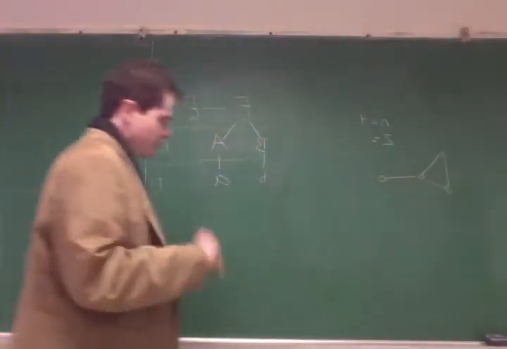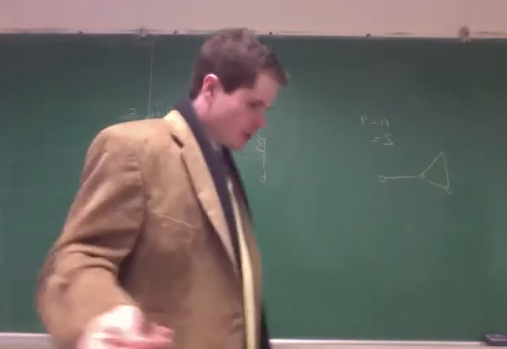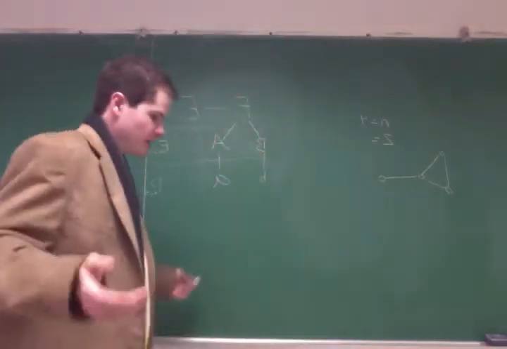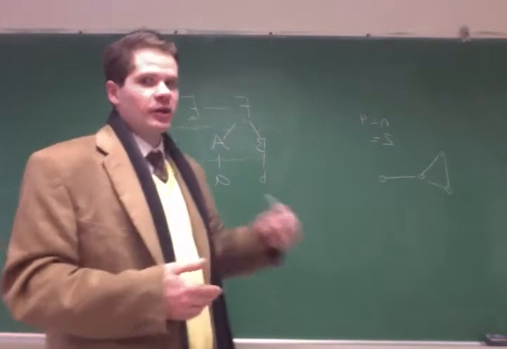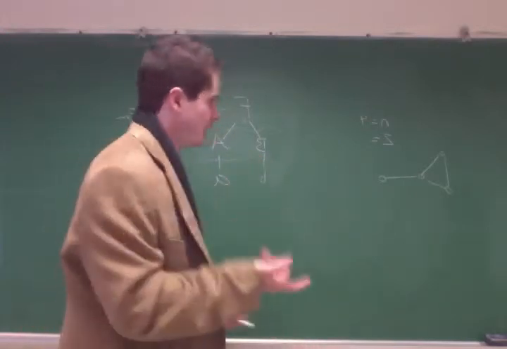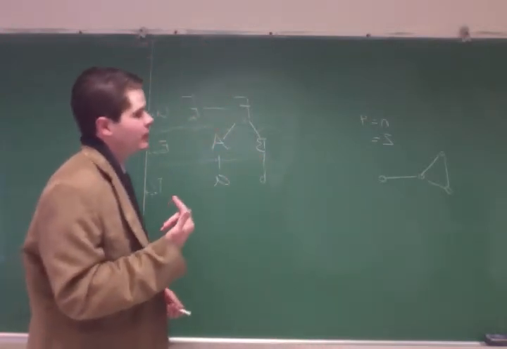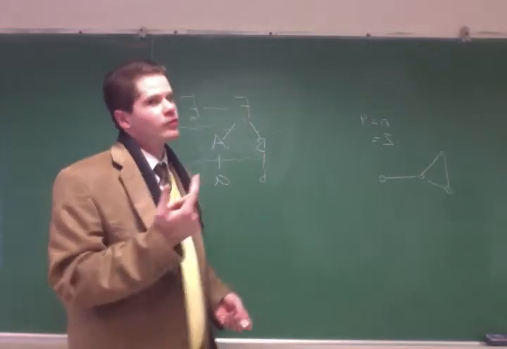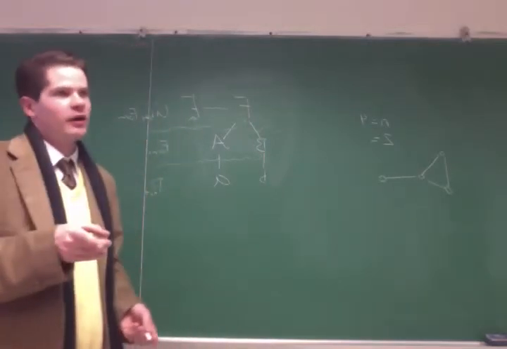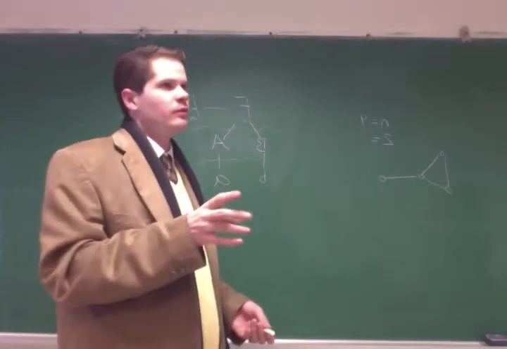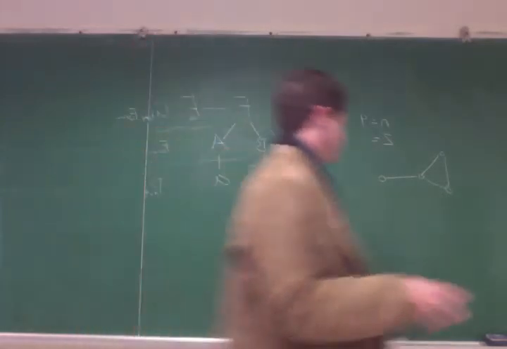So you color in several nodes or one node arbitrarily, and you continue to color in adjacent nodes so long as you don't come to a node where there are two appended vertices.